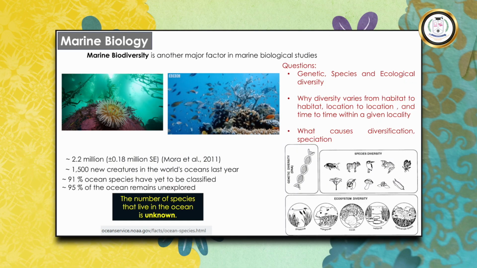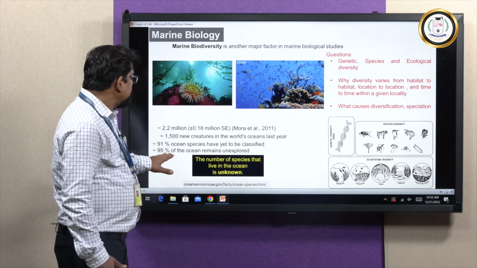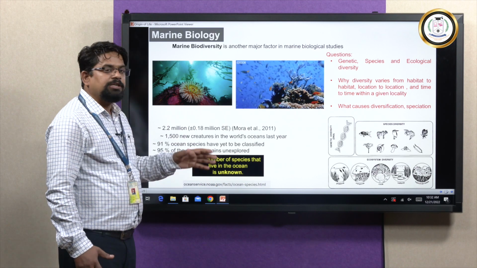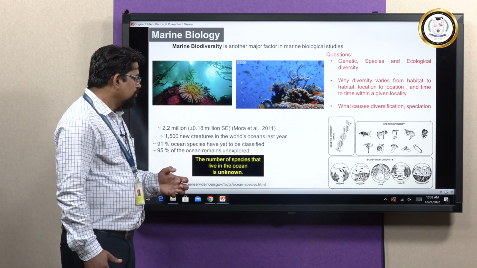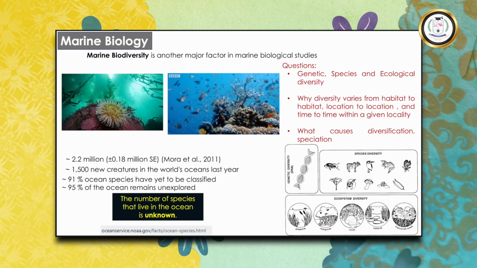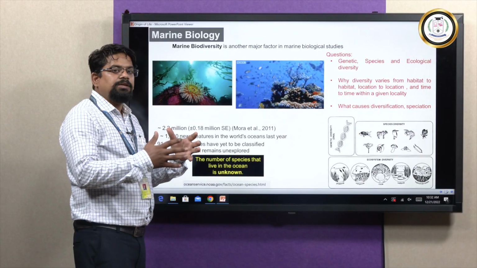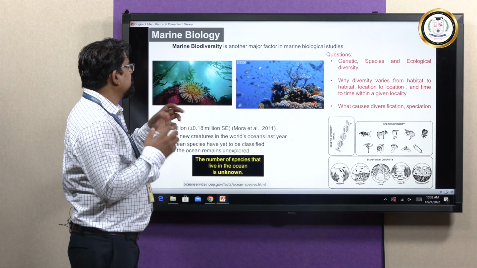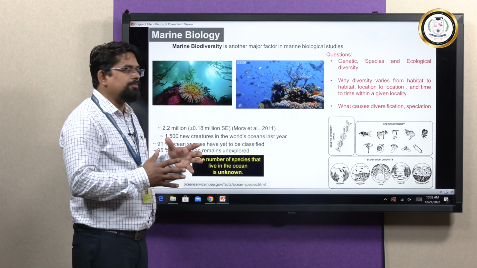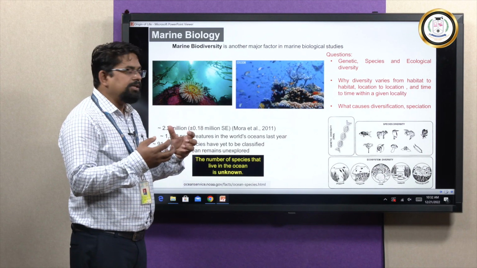However, I would like to emphasize that 91% of ocean species are yet to be classified and 95% of the oceans remain unexplored. So the total number of species that live in the ocean is, we can fairly say, unknown.